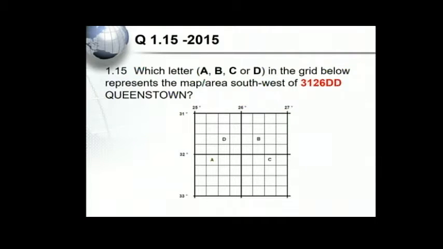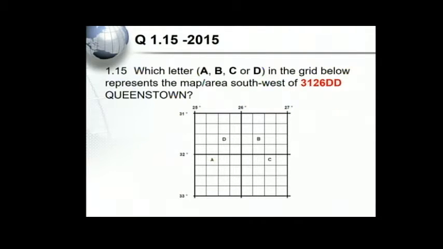Let's have a look at that. 3126 DD. You must know which one of these 4 blocks here. Where do we find that map? Where is it located? This question really required a little bit of higher order thinking, because you had to work out where this map is located. So let's have a look here at the reference again.